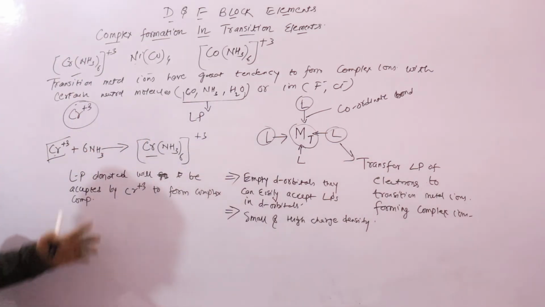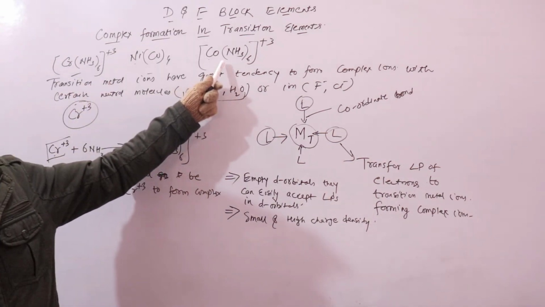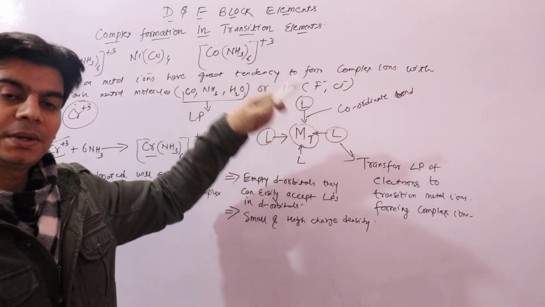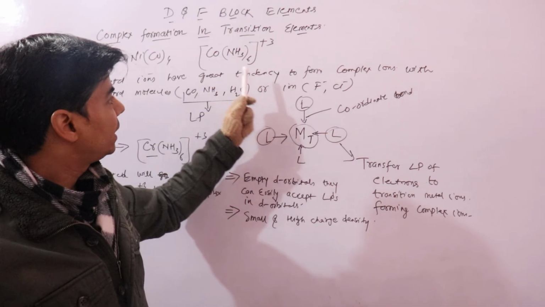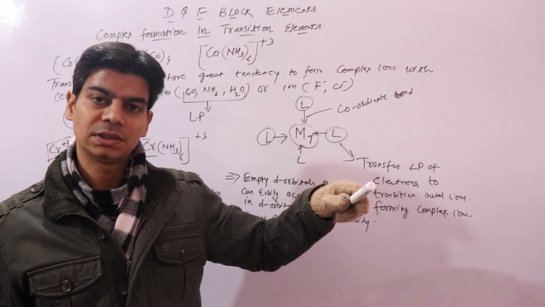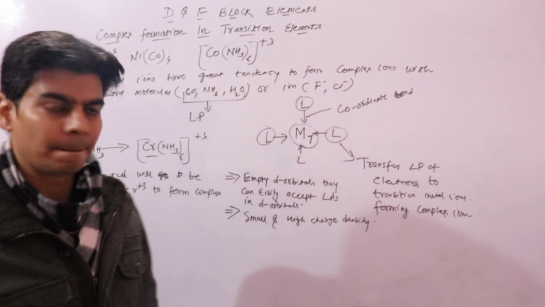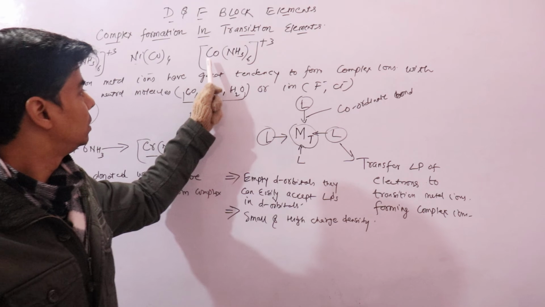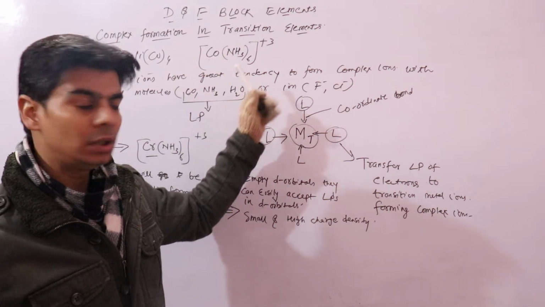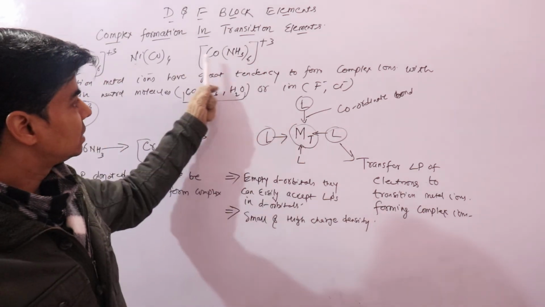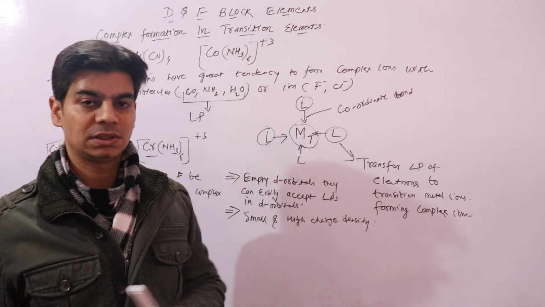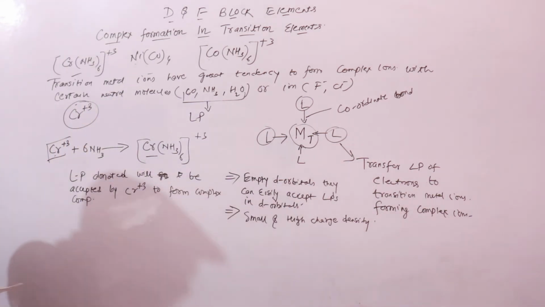For example, cobalt exists in +2 and +3 oxidation states, but the complex with Co+2 is not stable, whereas the complex with Co+3 is stable. So if transition elements exhibit more than one oxidation state, the complex with the higher oxidation state has greater stability.